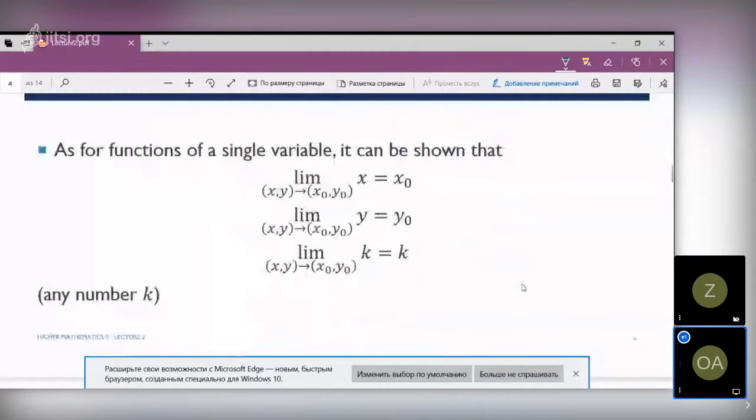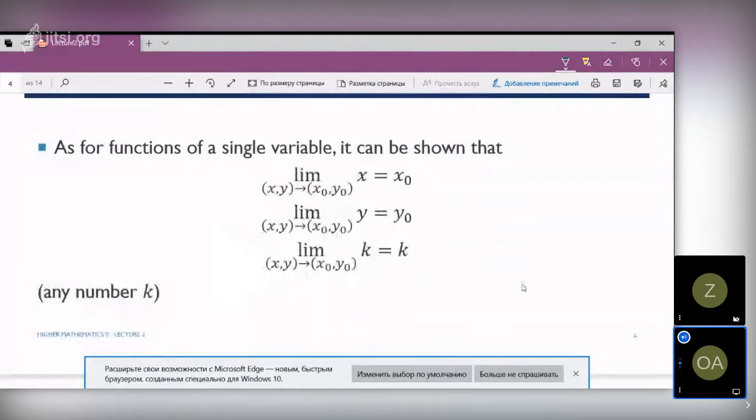For example, as for functions of a single variable, it can be shown that the limit as x and y approach x0, y0 of, here it's x. What is this? This is our function. So now we have f of x, y equals x. The function is just x.